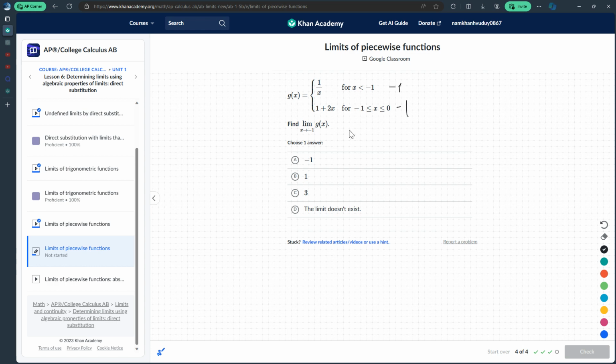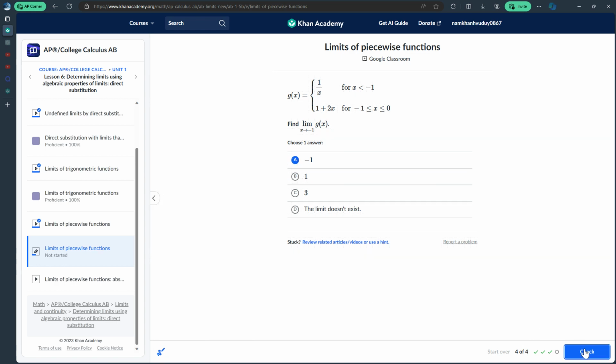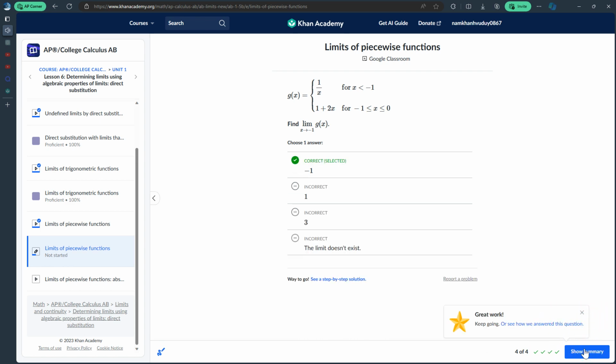So we say that the limit of g of x as x approaches -1 is also equal to -1. So we're going to choose A as an answer.